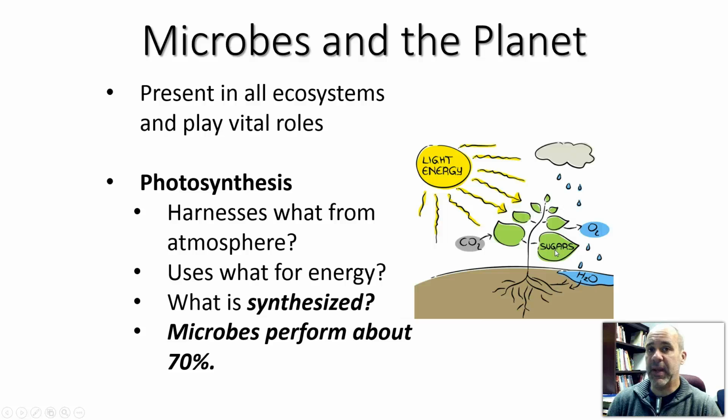And also amino acids and lipids and nucleotides, all these organic molecule building blocks you learn about in any biology class. Photosynthesizers are able to make those things themselves. You have to have energy to make all that stuff, and they get that energy from sunlight.